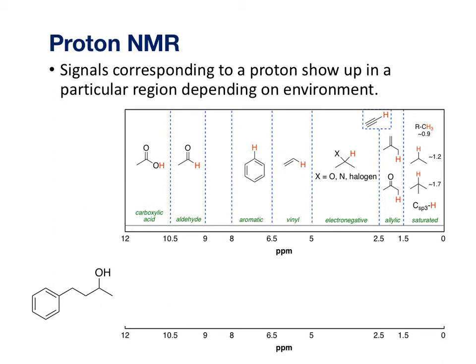If they're just regular sp3 carbons, they usually show up toward the right end of the spectrum, which is called upfield or shielded. So the upfield region of the spectrum, shielded protons. The left end is downfield and deshielded.